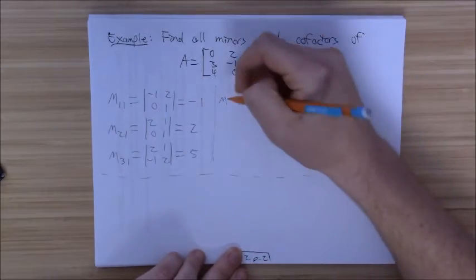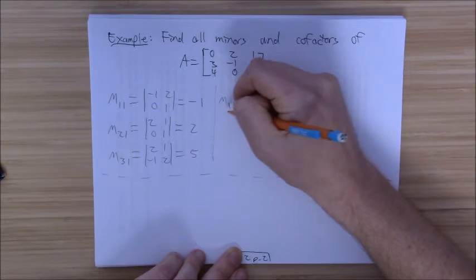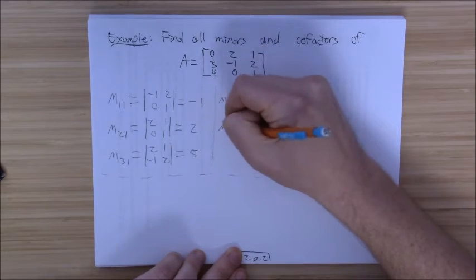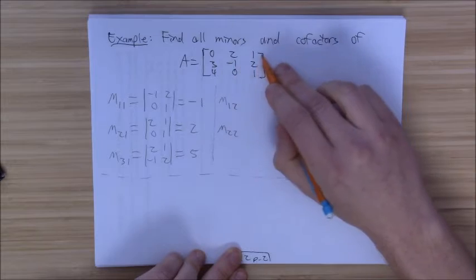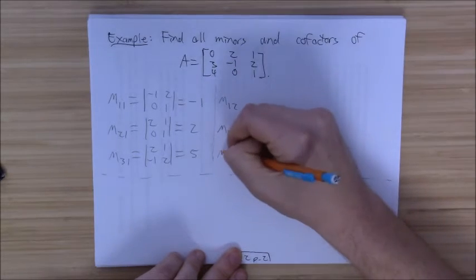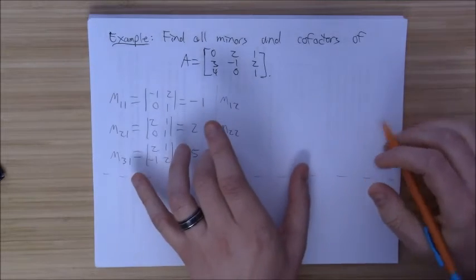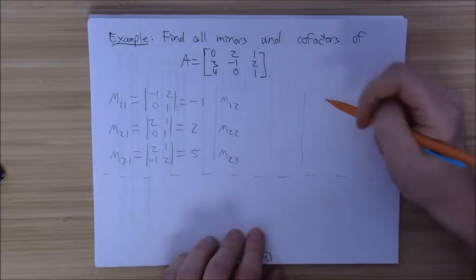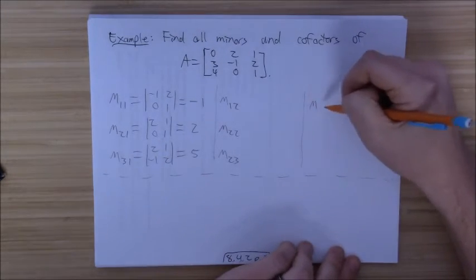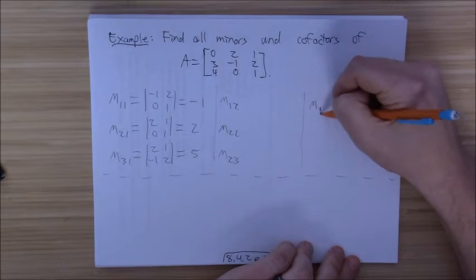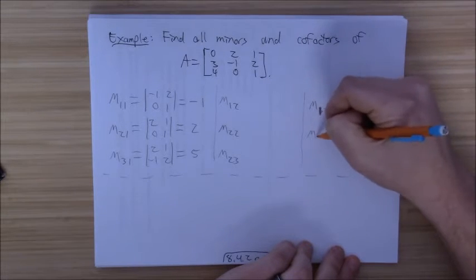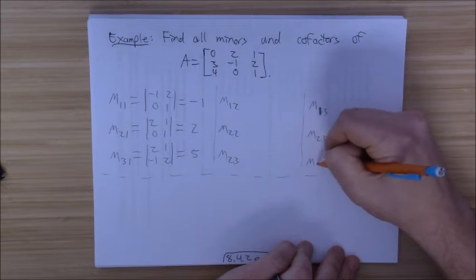So this will be M12, M22, M32. You notice I'm doing it in order of the entries I'm deleting. Then M13, M23, M33.